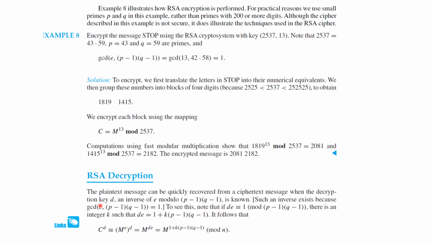Okay, that was the encryption. Now the plaintext message can be quickly recovered from the ciphertext when the decryption key d, which is an inverse of e modulo (p-1)(q-1), is known. Such an inverse exists because e is relatively prime to (p-1)(q-1).